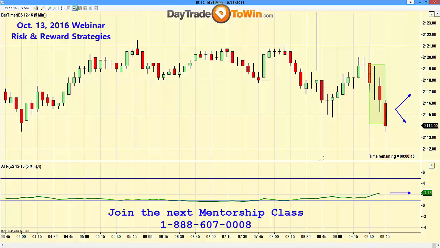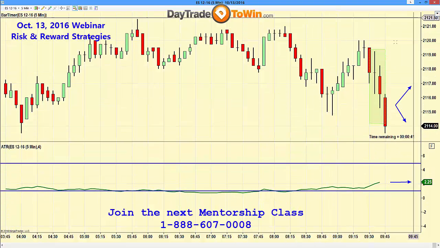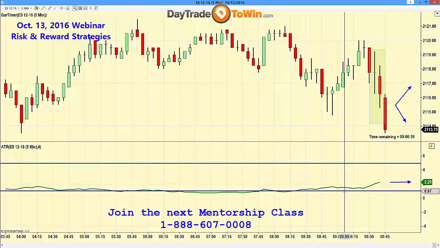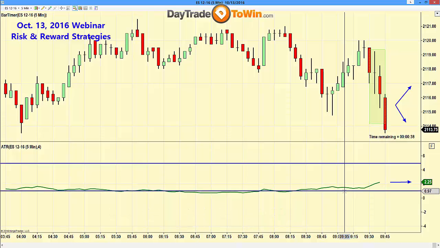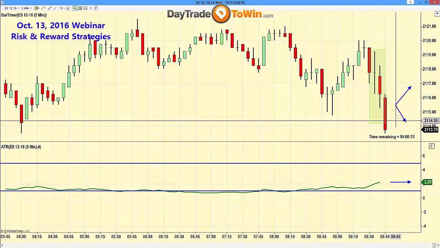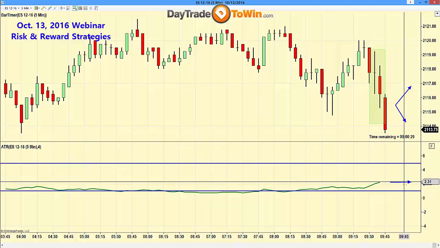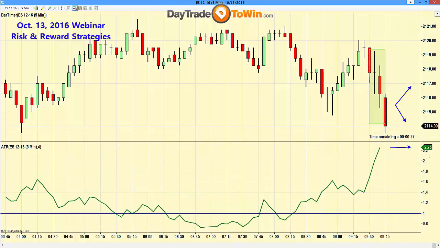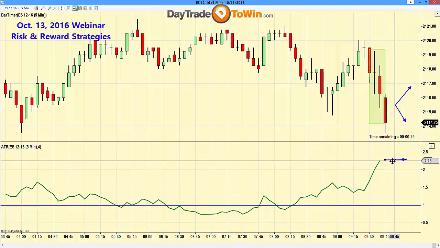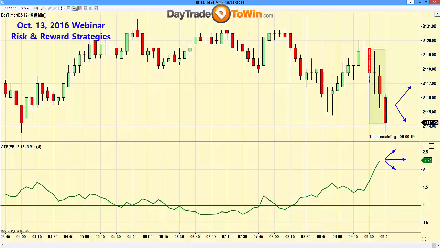Now the good thing is that this does not change dramatically unless there's a news event. So unless the next candle is really big or really small, you can only expect this value of 2.25 points to change a tick up or a tick down, not so dramatically that it will have a big impact on our prediction.